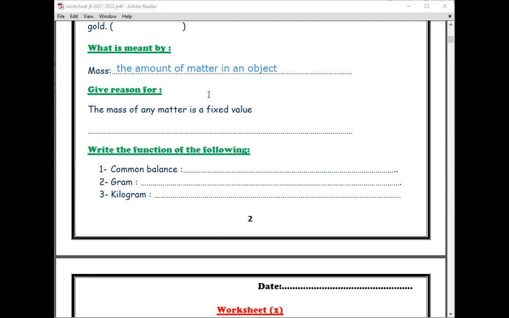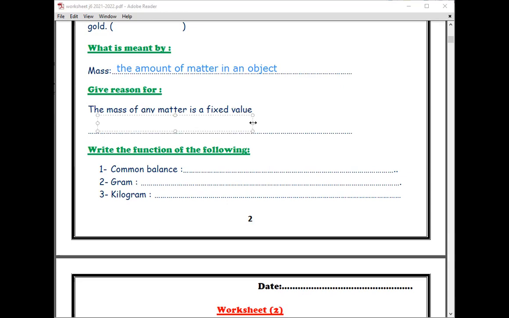Question number 4, give a reason: the mass of any matter is a fixed value. Why is the mass of any matter a fixed value? Fixed means constant. Why? Because it doesn't change by changing the place.